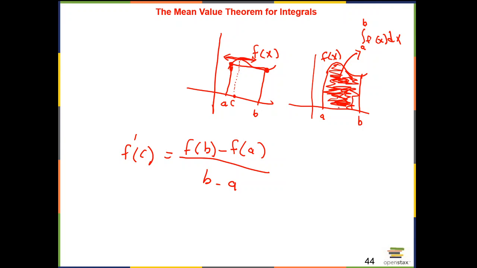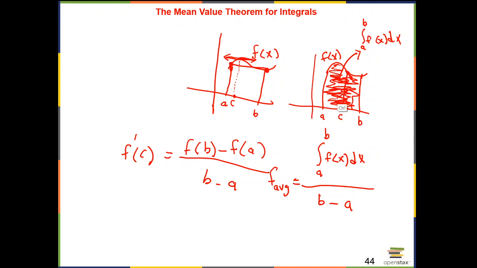So this theorem for integrals says that there has to be a number between a and b such that f of that number is the area divided by b minus a. And this is actually the average value of the function.